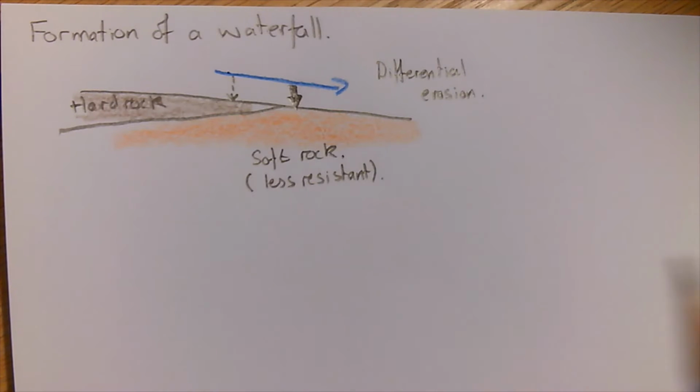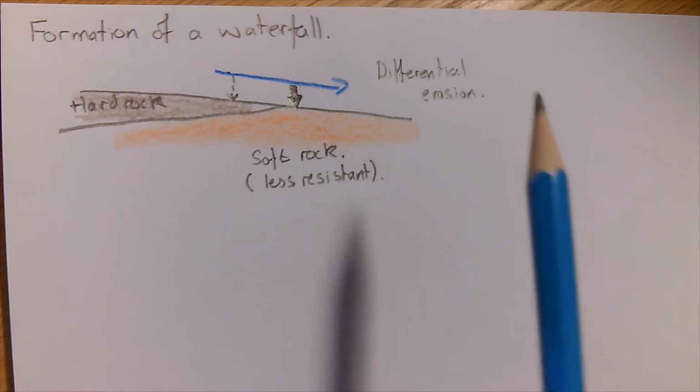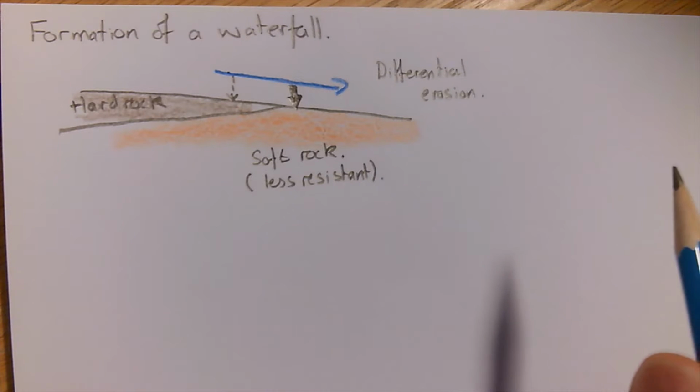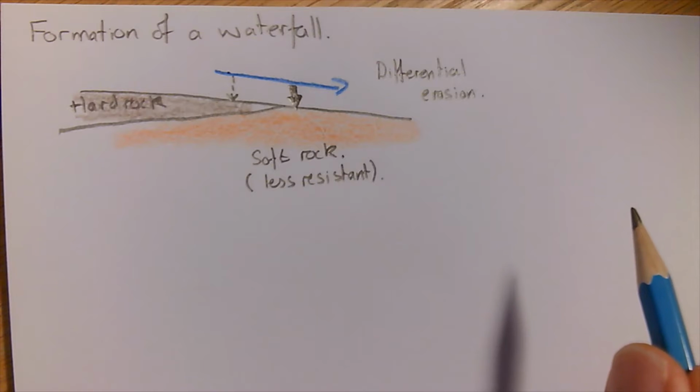Because the soft rock is eroding quickly and the hard rock is eroding slowly. What is differential erosion? Ryan. Exactly right, well done. When the soft rock erodes quickly, whereas the hard rock erodes slowly.